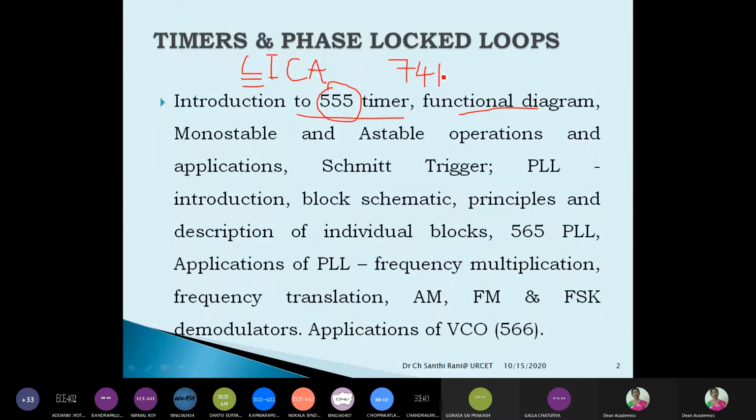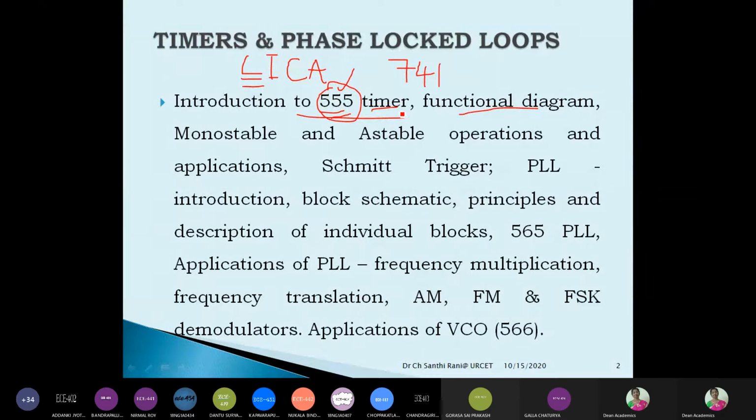These are some analog ICs we have studied, and a few more linear ICs we are going to study in Unit 5 and Unit 6. Today we are learning Unit 5. In Unit 5, we are going to study the 555 timer IC, another IC, named timer. Like the 741 op-amp, we say the 555 timer IC.